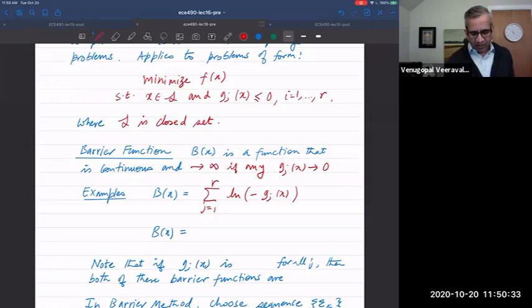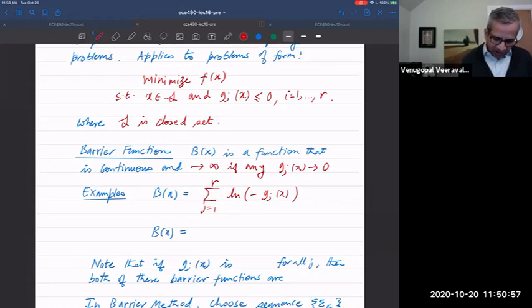So it's less than or equal to 0. So the log is well defined when Gj is strictly negative, because I'm putting a minus sign in front of it. And of course, what happens to this function when Gj goes to 0? It blows up to plus infinity. Any of the Gs goes to 0. So it satisfies the condition for a barrier function.